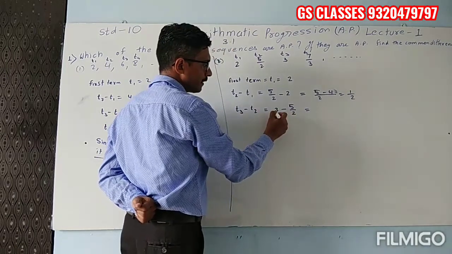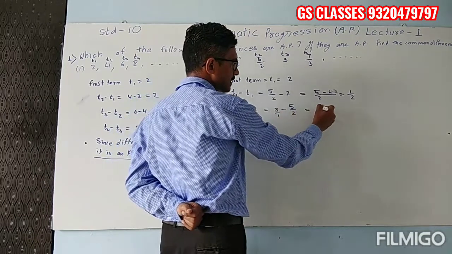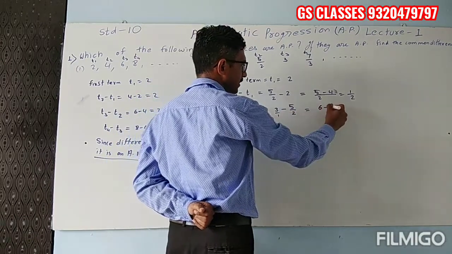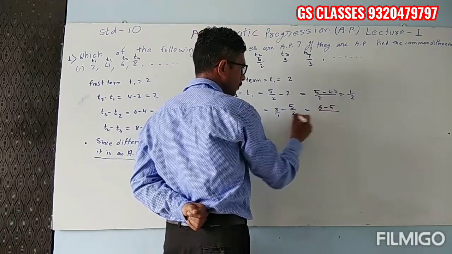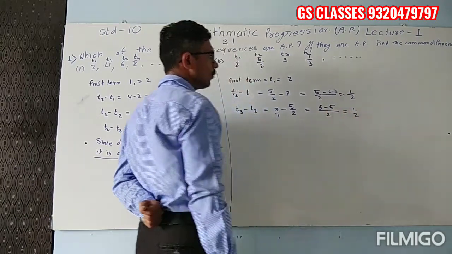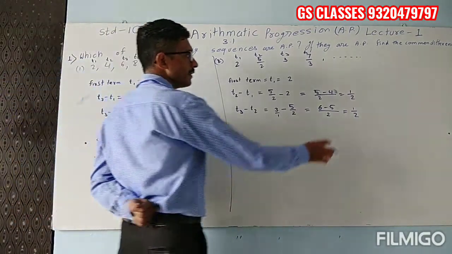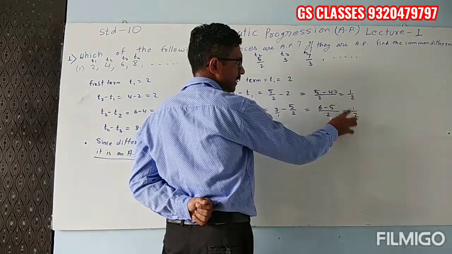Now, if I consider it as 1, 2 3 ja 6, 1 5 ja 5, 2 1 ja 2. Here what we are getting is 1 by 2. Again, the difference is constant.